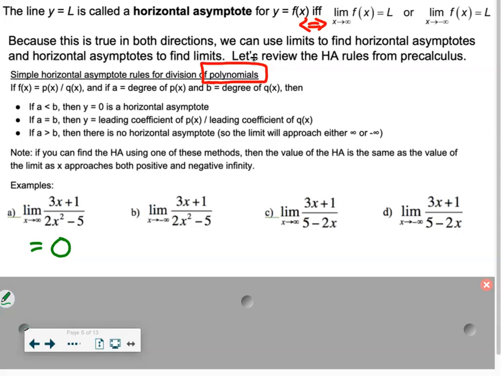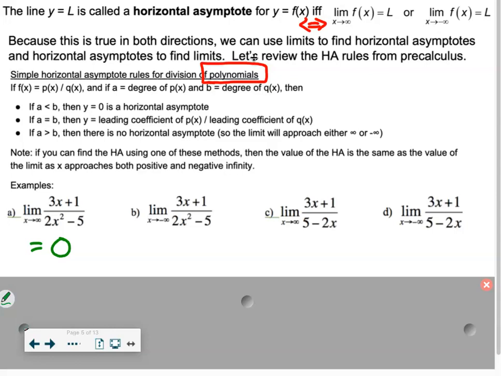What's the degree of the bottom? You got it. We get by with a little help from our friends. Okay. Degree of the top is 1. Degree of the bottom is 2. Remember, degree is your highest exponent, right? So if the bottom is bigger, then the limit goes to 0, which is the same as the horizontal asymptote.